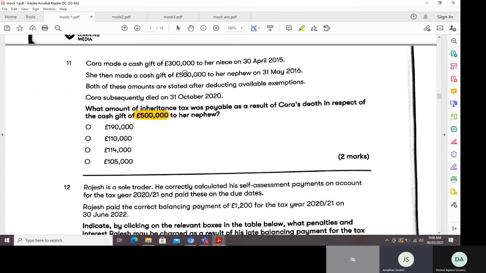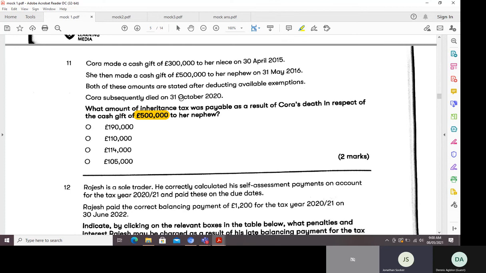So if you go back to the content of the question, we're told that C made a cash gift of 300,000 to the nephew. That was in April 2015. Okay, so we have 300,000. Then again, she made another one to the nephew in May 2016. Both of these amounts are stated after deducting available exemptions, so these figures are after all available exemptions.